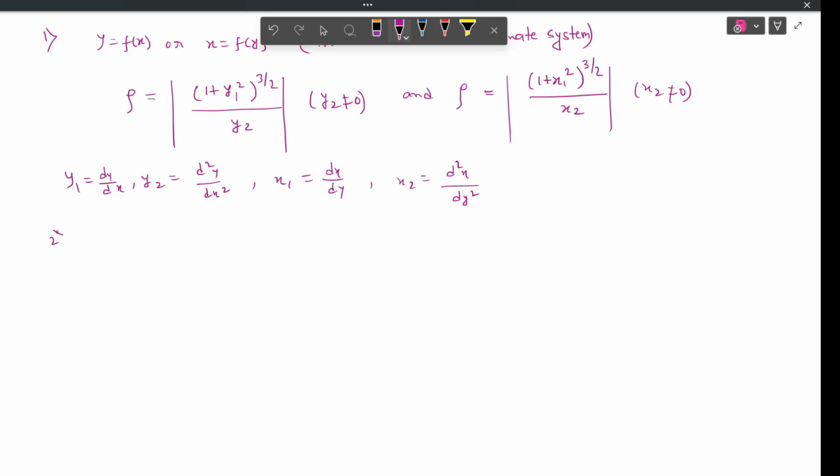Now let us say r equals f of theta is a curve function, and this is given in the polar coordinate system.